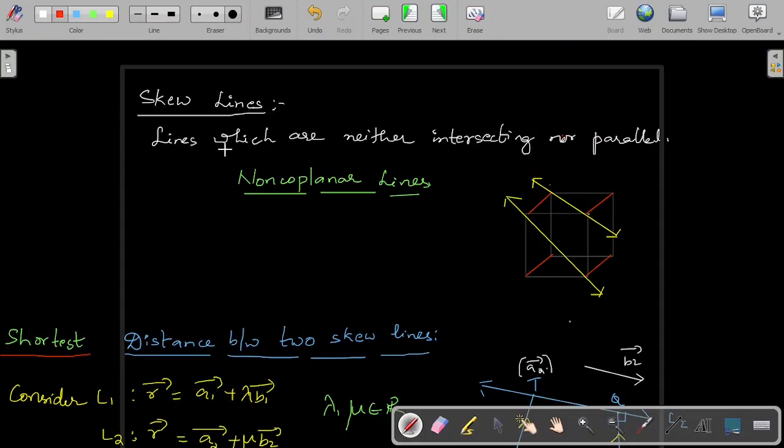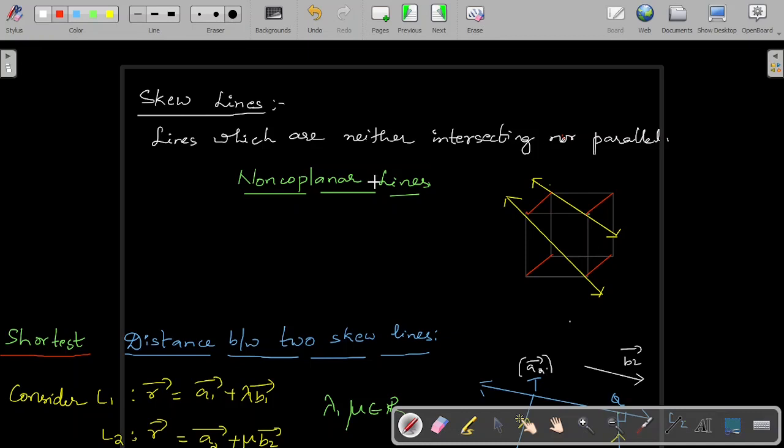Now let's know about skew lines. Lines which are neither intersecting nor parallel are called skew lines. For example, if you consider a cube, the line joining these two corner points and this line are skew lines, because they never intersect each other and they are never parallel either. Though this portion looks parallel, as you proceed it goes non-parallel.